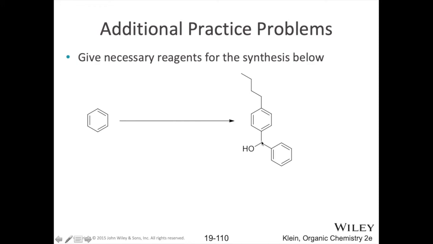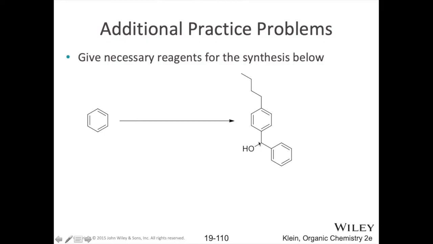Now here, notice that we have an alcohol group and we have carbons attached to that alpha carbon. I will point out a very useful reaction here to do the setup might be a Grignard reaction, right?